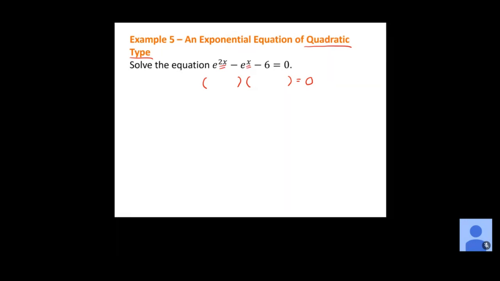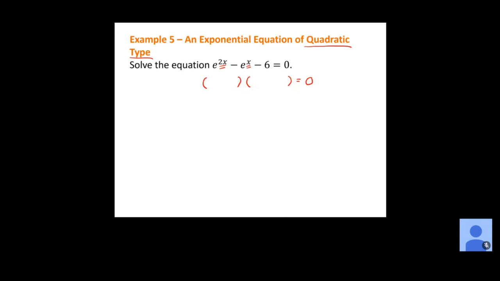So let's think about the first term here. What could I multiply to give me e to the 2x? Okay, so e squared times e to the x, I think is what that's supposed to be.